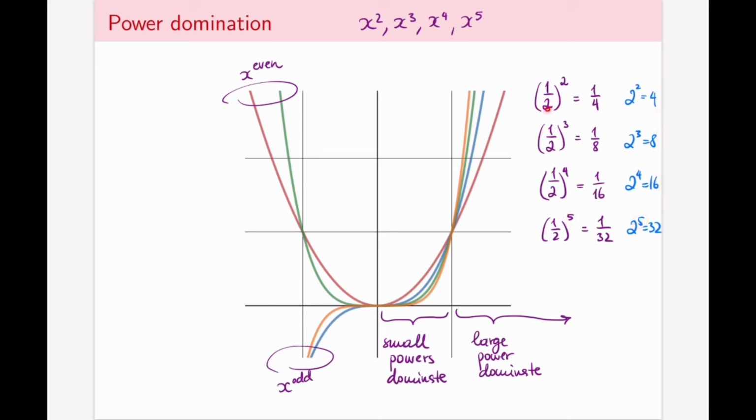For small values, the highest number is produced by the smallest power. For large values of input, the highest number is produced by the highest power. And this is what this power domination dictates. The near origin behavior is determined by small powers. The end behavior near the infinities is dictated by the large powers.